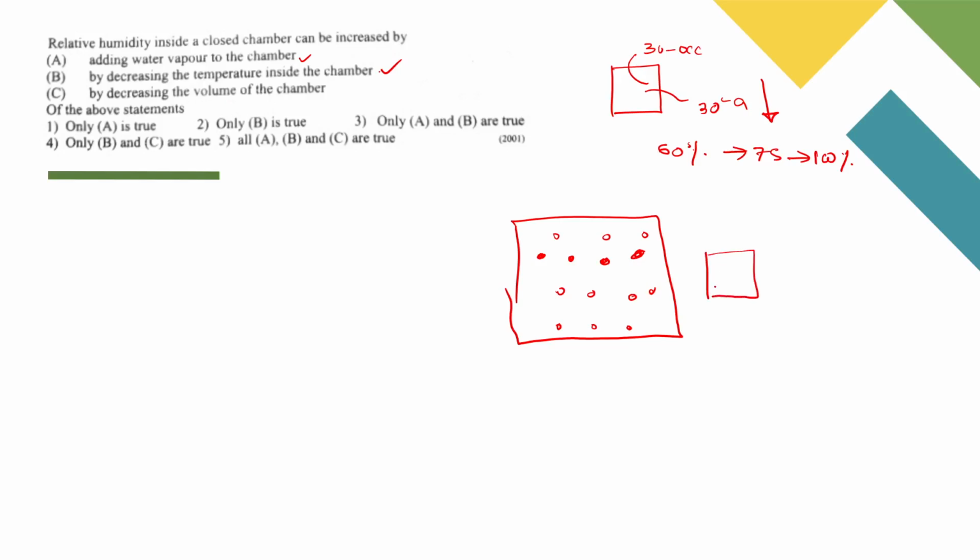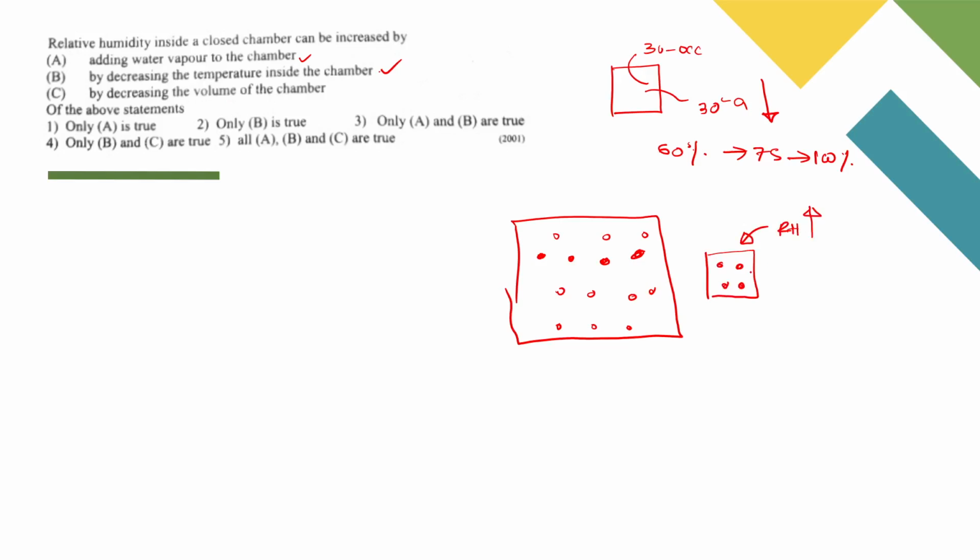So how can we think about that? Just think about a large classroom. There are many chairs and there are only 4 students. If I put them into a small classroom where we can only fit 4 students, then RH automatically increases, right?